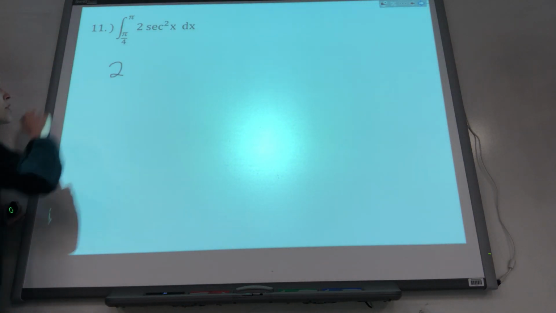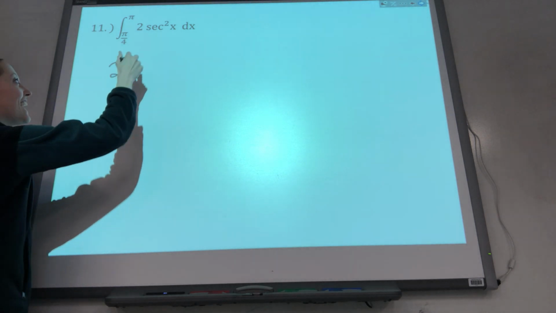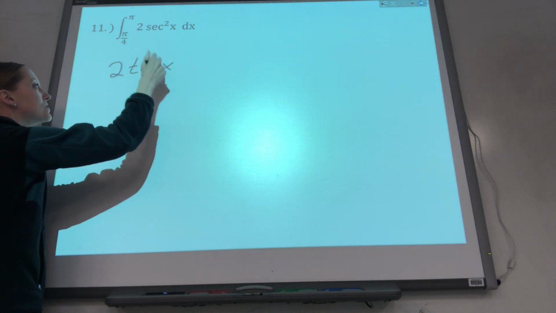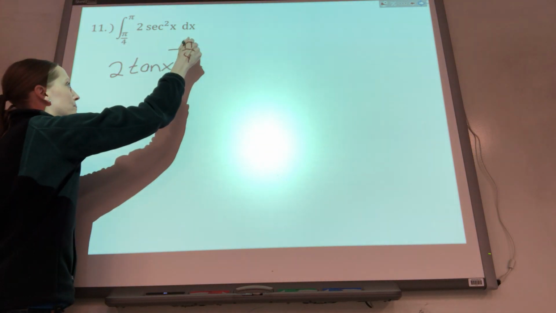Now, the 2 can pretty well stay out front. And anybody remember what the integral of secant squared is? Tangent, yeah, just plain old tangent of x. So that's all it takes to integrate.